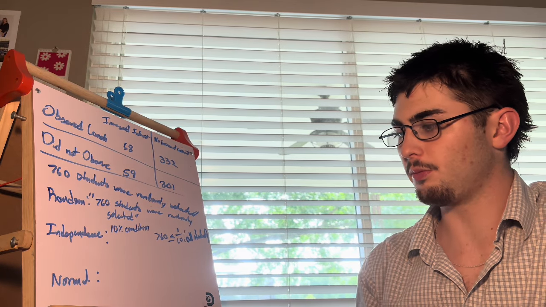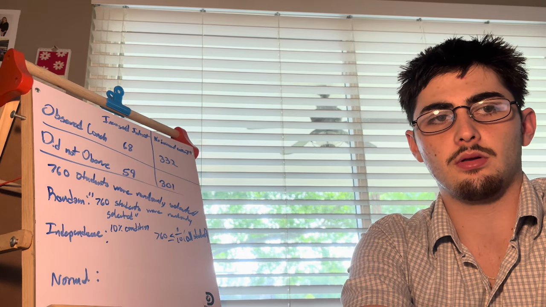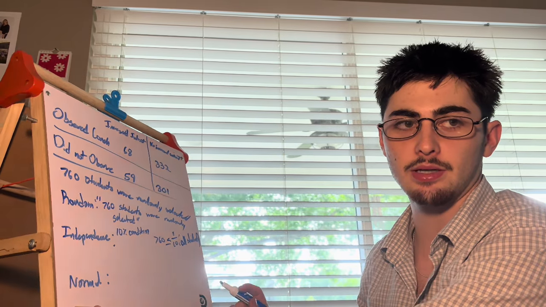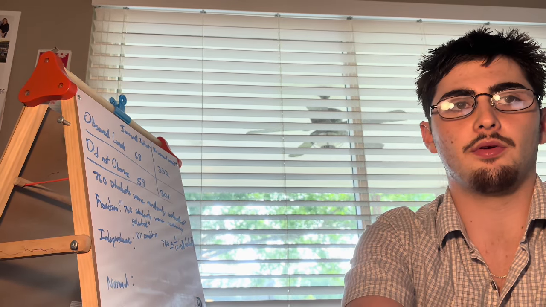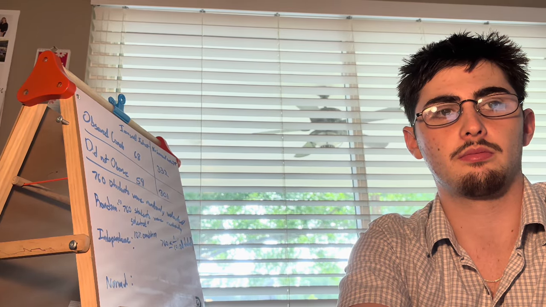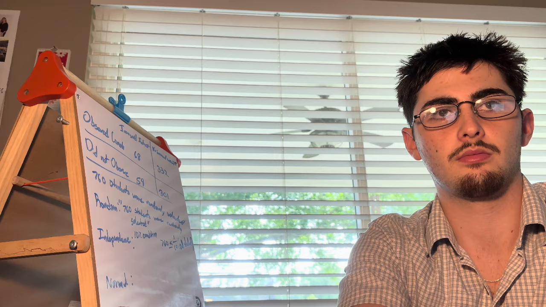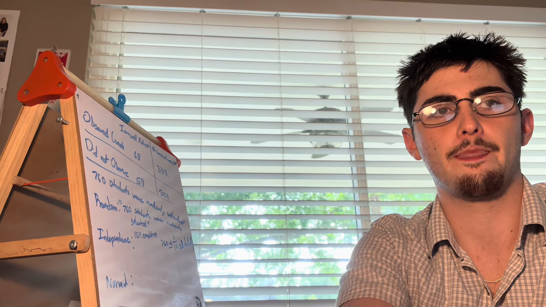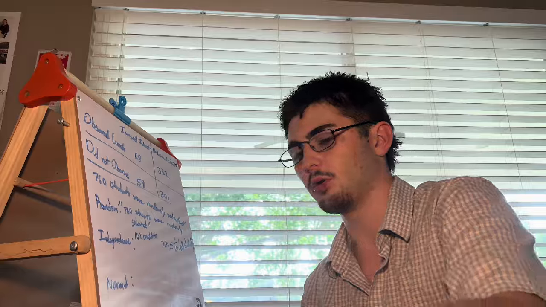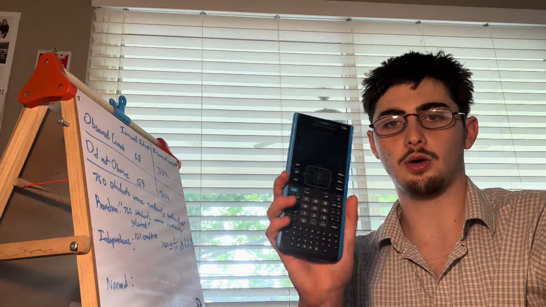So moving on to normal. Normal is a little different. Scroll down. So we're going to be using expected counts for this one, not the other one. Okay. For this one, you're going to go into your calculator.